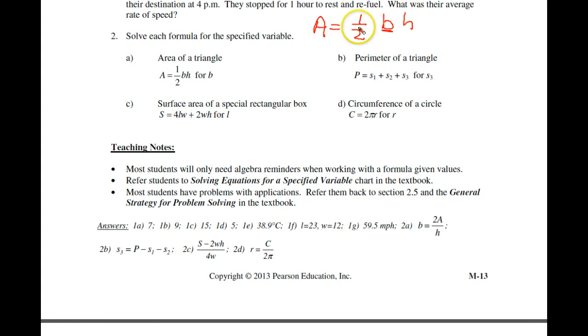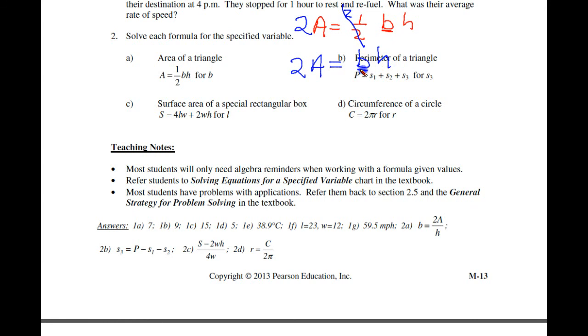So we want to isolate the B on this side. Again, the rules are if we have a fraction, we're going to multiply both sides by the lowest common denominator, actually every term. So that'll be a 2 there, and that'll be a 2 there. So these 2's cancel out, and we get then 2A equals BH.